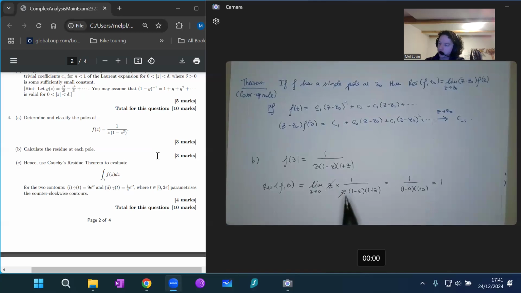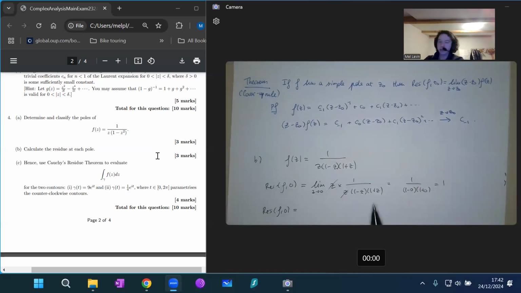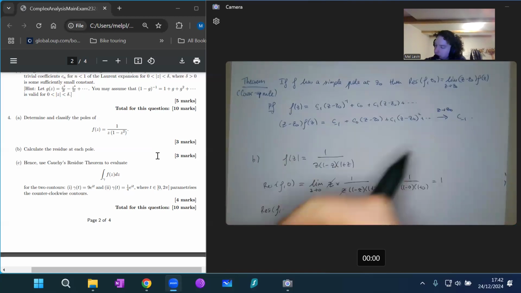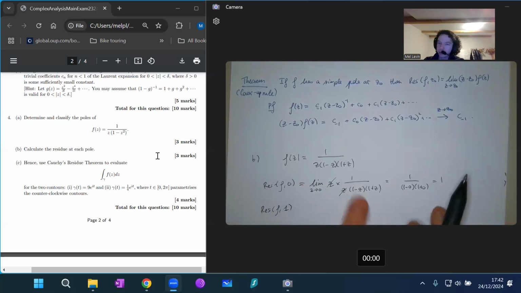Now, careful though, because you might think, okay, if I want the residue at 1, then I can just cover up this term and then plug in 1.